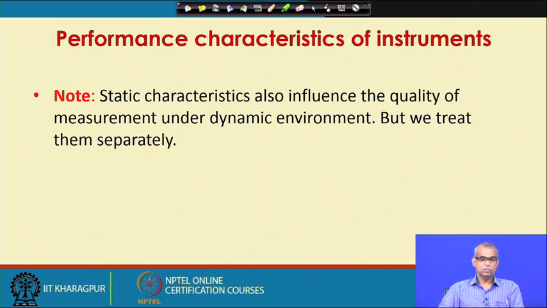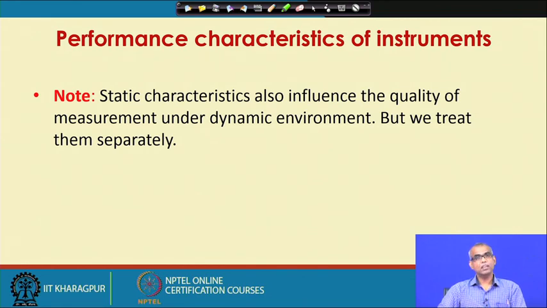So, the question we can ask now is, do static characteristics influence the quality of measurement under dynamic environment? The answer is yes. Static characteristics also influence the quality of measurement under dynamic environment. It is not that they will not influence it.